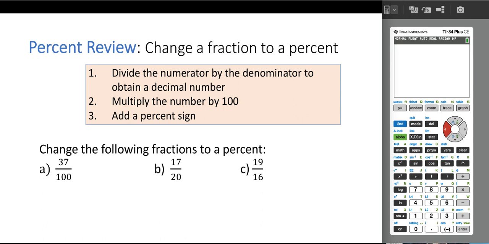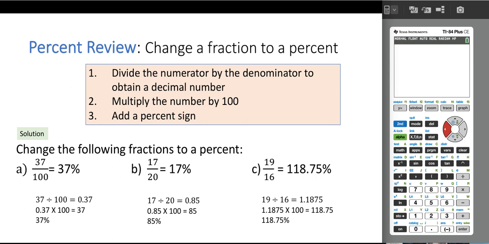Okay, what about changing a fraction to a percent? 3 steps here. First, you're going to divide the numerator by the denominator, that means the top by the bottom, and you're going to get a decimal number, and then go through those steps of changing the decimal to a percent by multiplying by 100 and adding a percent sign. Go ahead and practice with these 3 examples.